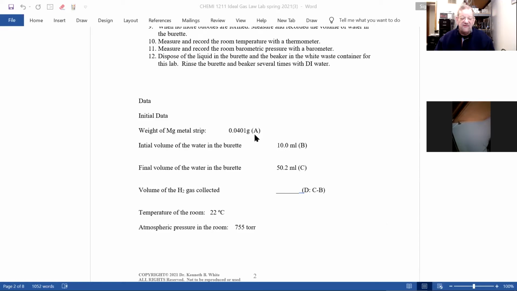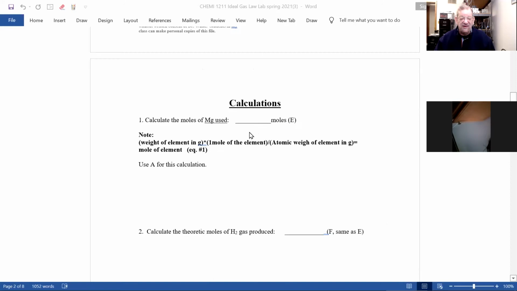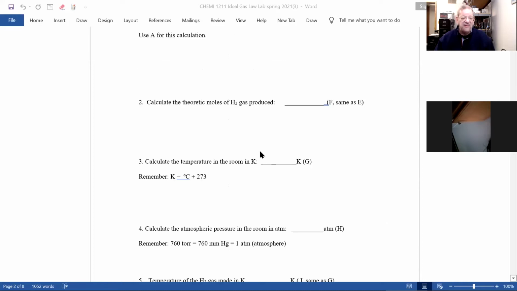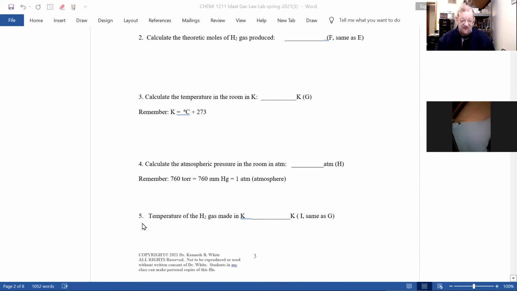In the previous lab, I called this number 1, number 2, and so on. I've changed the numbers to letters because there was massive confusion. I'm sorry that when we got down here, number 5, where I had a number sign in front, people were confusing it with this 5, and so on down the line.